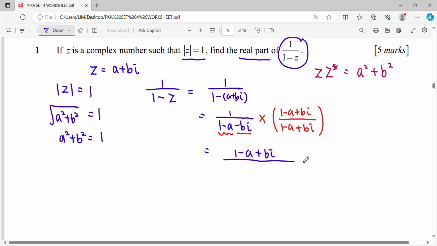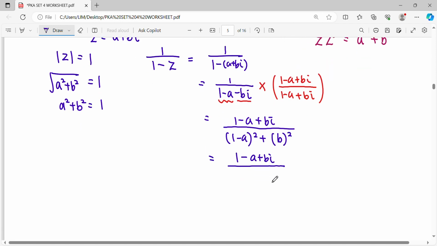Your real part is 1 minus a, and b is negative b, so still b square. So simplify this. When you have the conjugate multiplication here, you can notice that the denominator is no longer a complex number. This is a real number, this is a real number.